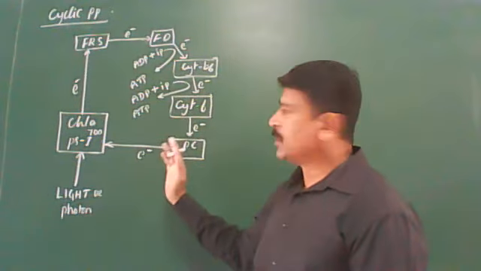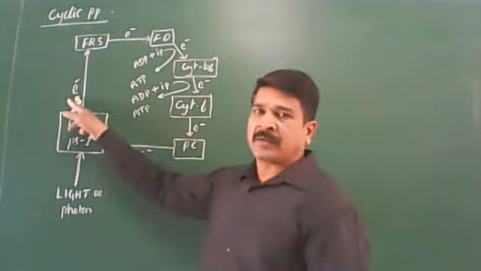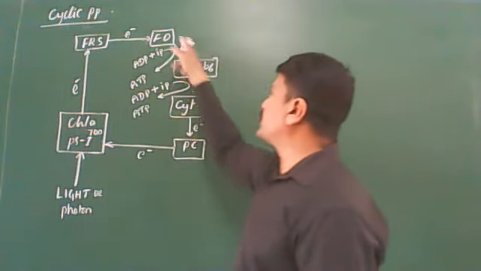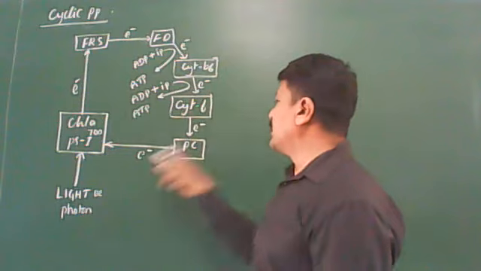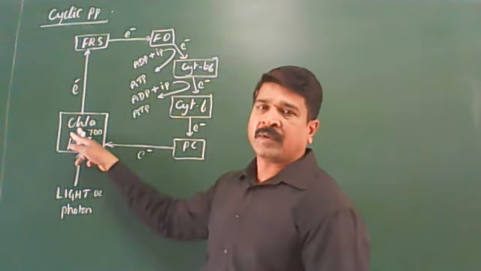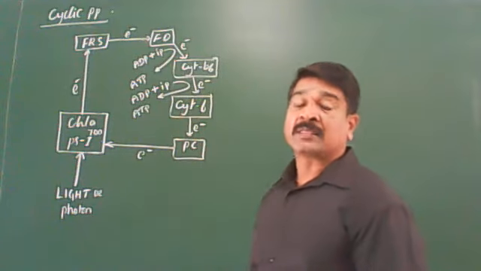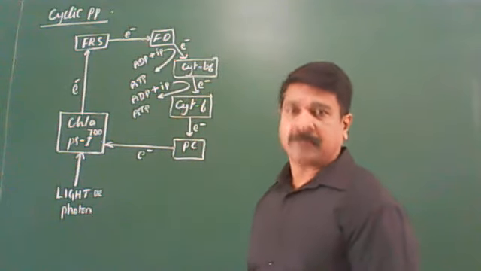Look at the board. During this process, the ejected electron passes through a series of electron acceptors and finally comes back to the same excited chlorophyll, making a cyclic path. Hence the name cyclic photophosphorylation.